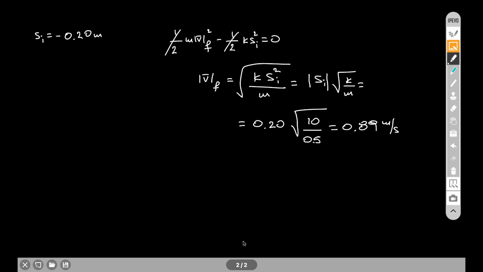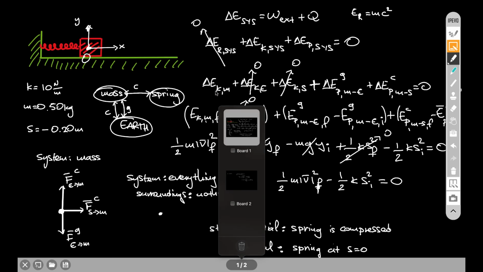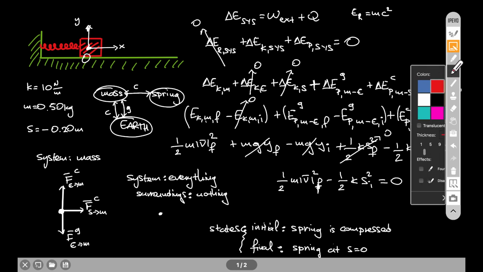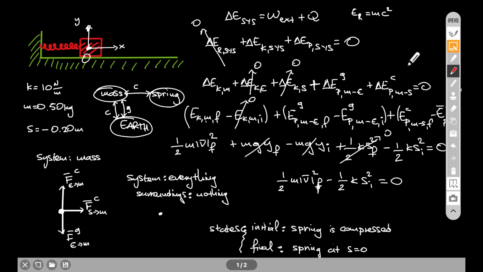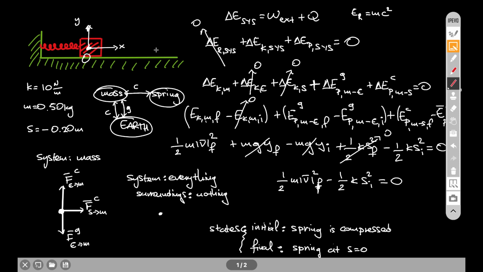Now when I go back to my initial figure, I want to show you here. This is the S initial, and when the mass, okay, this would be my final. So let's say the final state is when the mass is here.